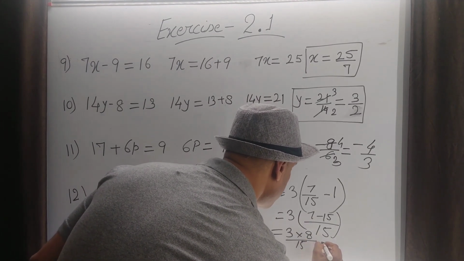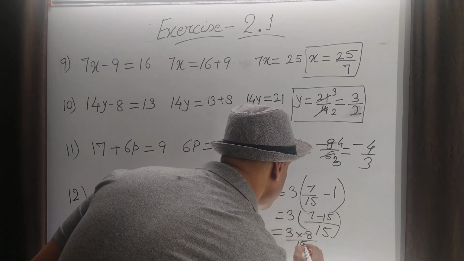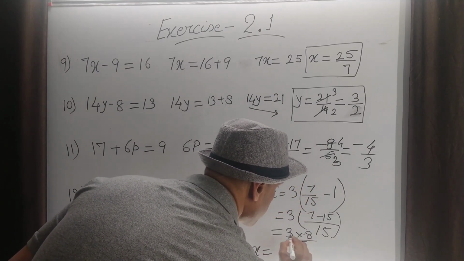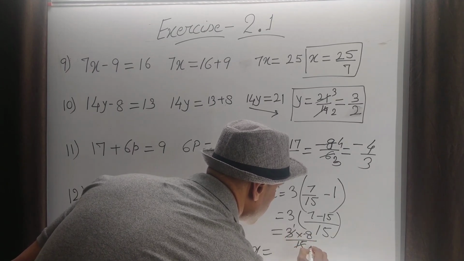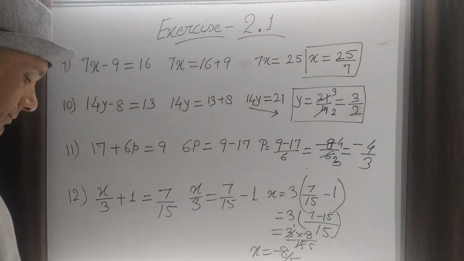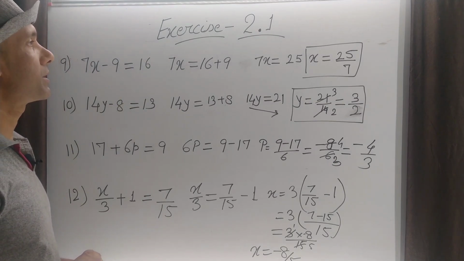In fact this is minus 8, so x is equal to minus 8 by 5. Correct? So this completes our exercise 2.1.